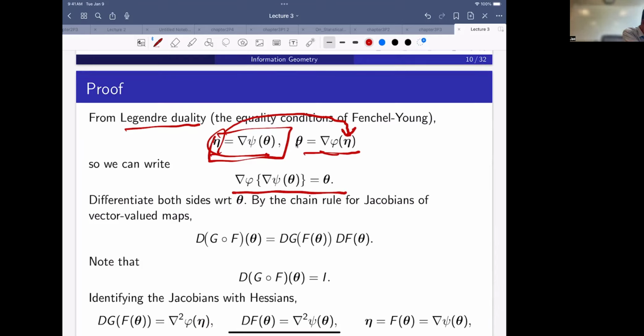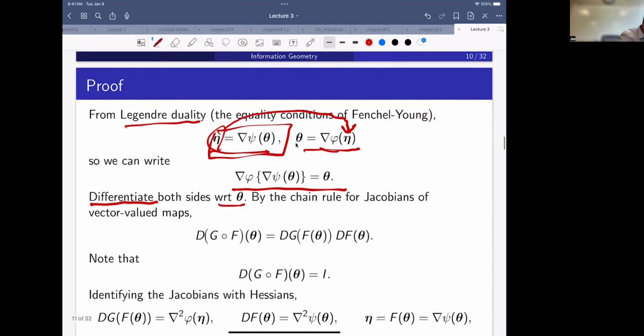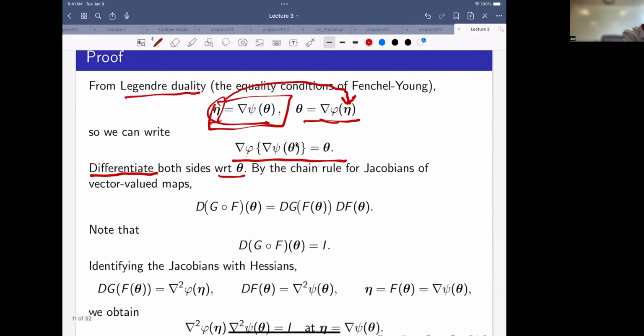And so you now want to take a differentiation of both sides with respect to theta, and apply the chain rule. You can write it as g of f of theta equal to theta, and then take the differentiation with respect to theta on both sides.